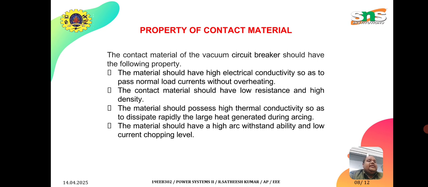The contact material should have low resistance and high density. The material should possess high thermal conductivity so as to rapidly dissipate the large heat generated during arcing. Then the material should have a high arc withstand ability and a low current chopping level.